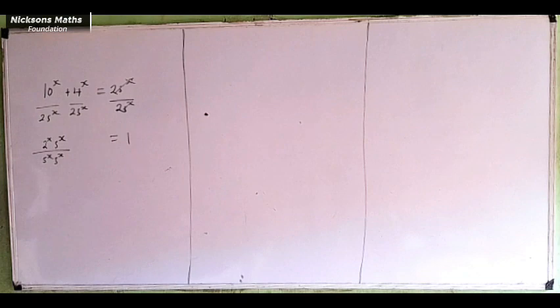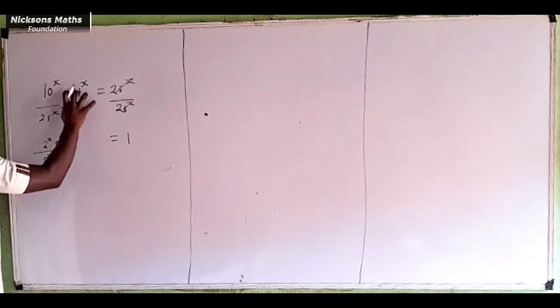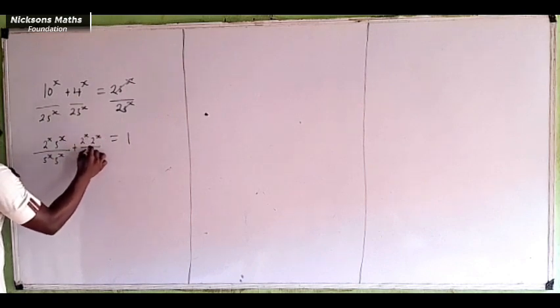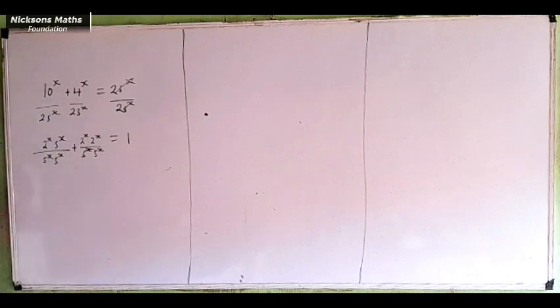Then plus, this 4 is the same thing as 2 raised to power x, 2 raised to power x, all over 5 raised to power x, 5 raised to power x. What happens here, you see this will cancel this, right?